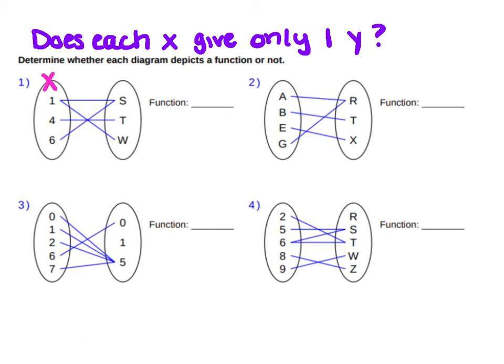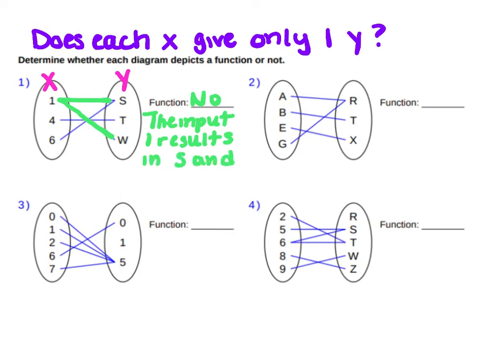So if I'm looking at the diagram, for the first one I have, this is an x, and this is the y's, and if we look, the value of 1 pairs with both s and w, and this is not a function because the input 1 results in s and w.